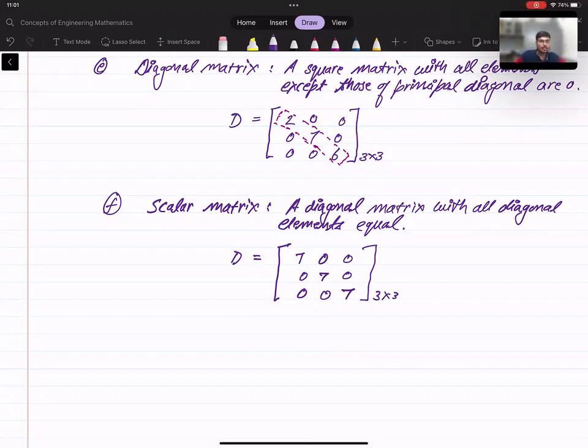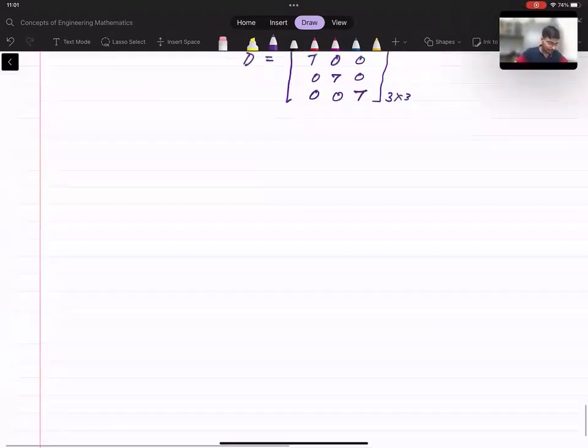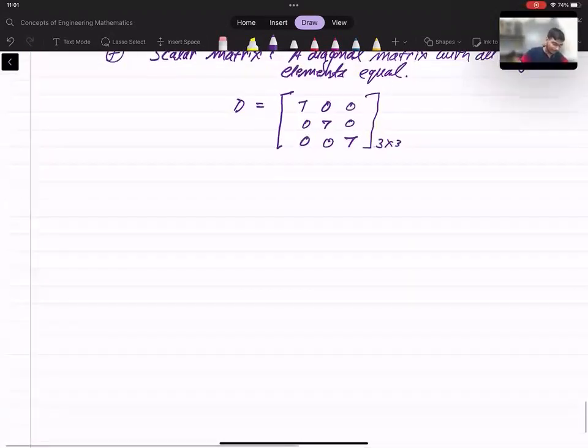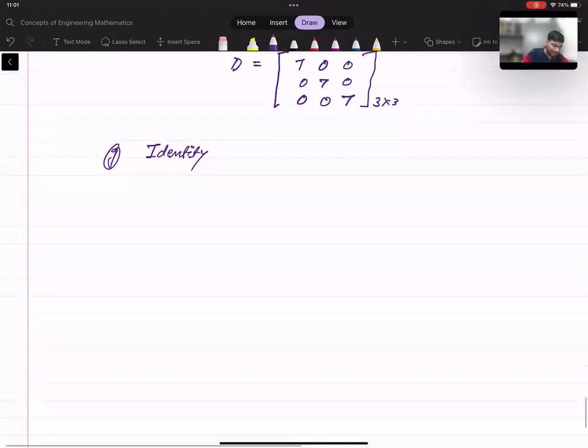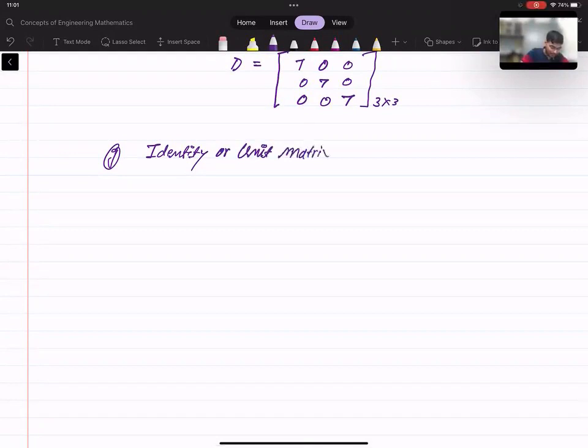Now next we have the identity matrix, and it is also a very important one. Identity, also known as unit matrix. So this is a diagonal or a scalar matrix in which the principal diagonal elements are equal to 1.